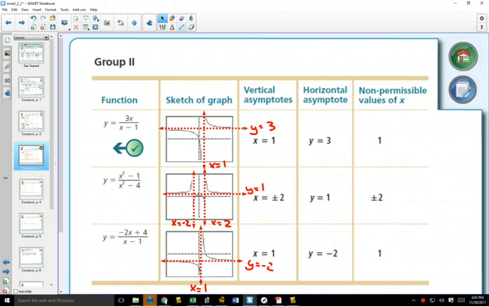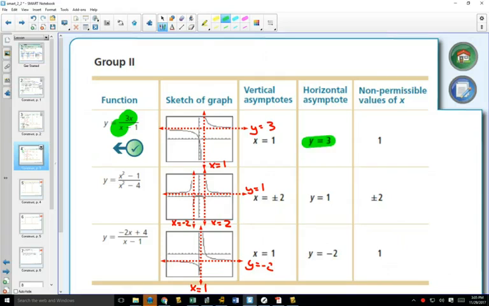And so, the key though is that as x gets really, really big, that -1 really doesn't matter anymore. In fact, if you just look at the highest power on the top, which is a degree of 1, and the highest power on the bottom, which is just the degree of 1, which is x, what happens when you do 3x divided by x?